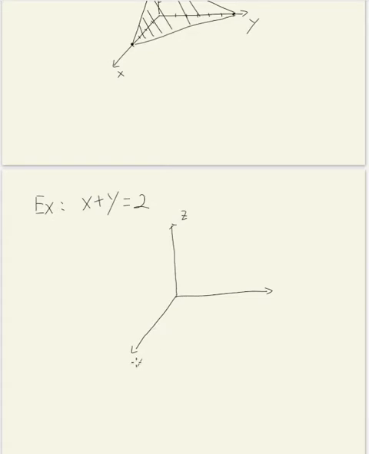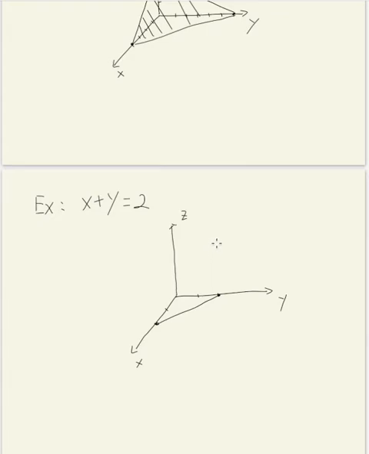So what I mean is this. We find the intersection on the x-axis and y-axis. Obviously, it's going to be 2, 0, 0, and 0, 2, 0. So these are the 2 points at which the surface intersects with these 2 axes, and let's connect them. Now, as I said, since z is not involved, this plane must be parallel to the z-axis.